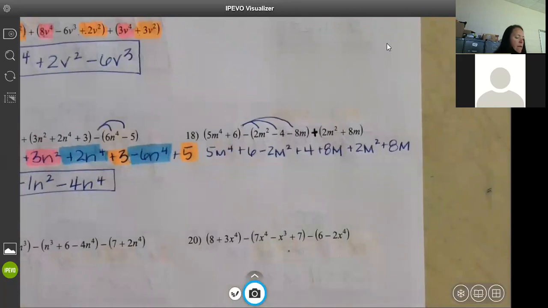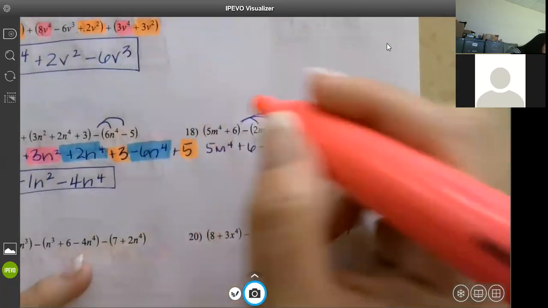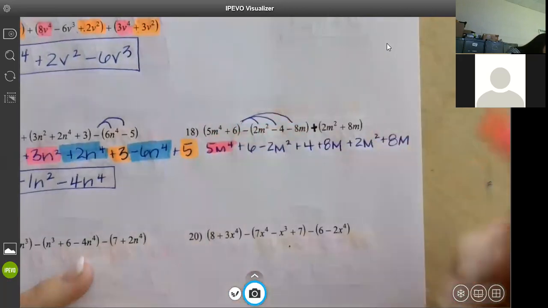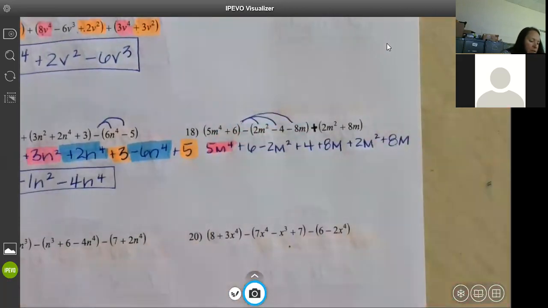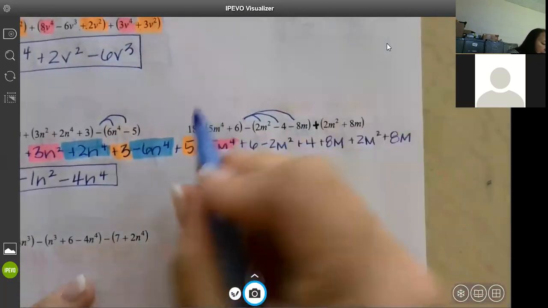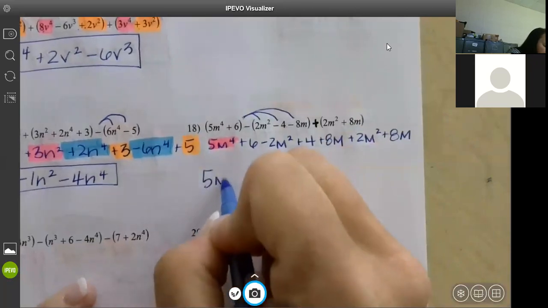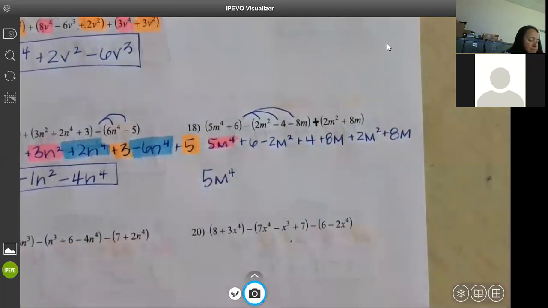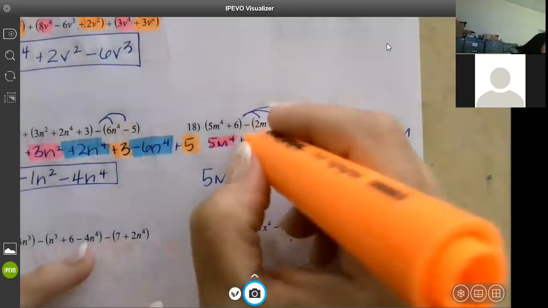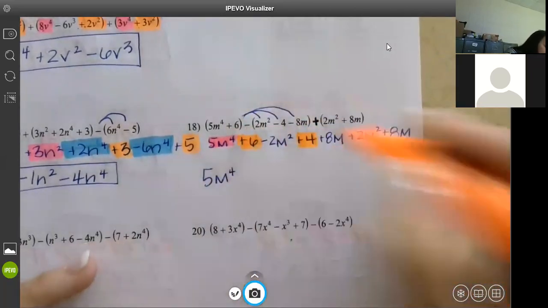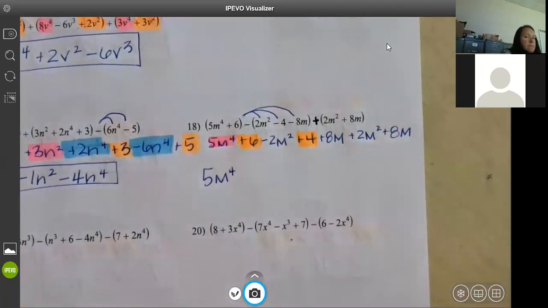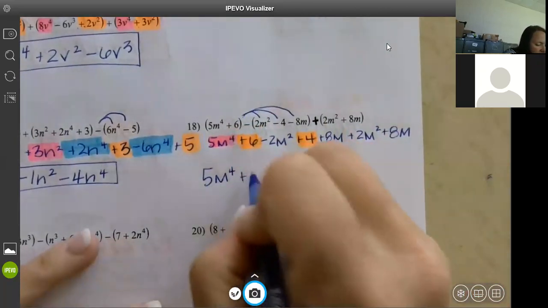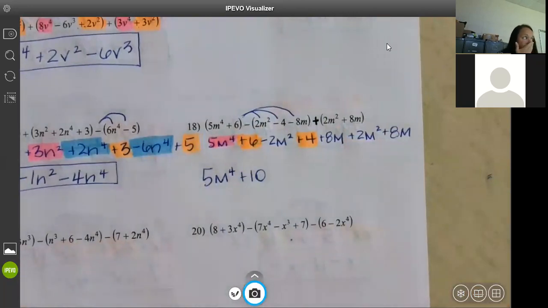On this one, we have 5m to the fourth and no other m to the fourth, so we just write that down. We have a plain 6 and a plain 4, and 6 plus 4 is 10.